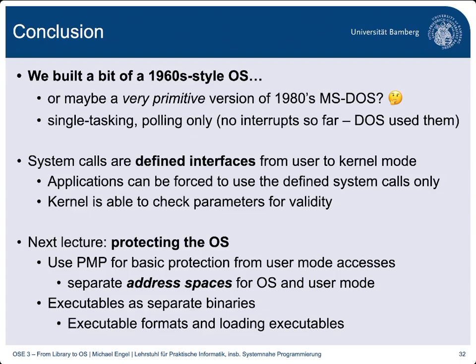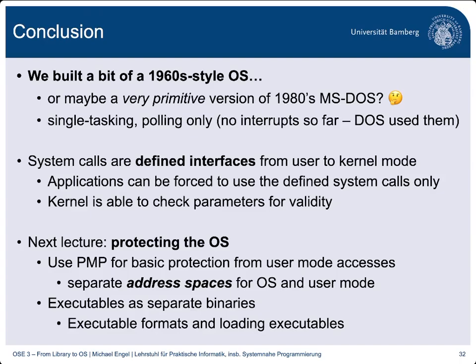We've seen that system calls are defined interfaces from user to kernel mode, and we can force user mode instructions, if they want to use kernel functions, to use these defined calls only, because they have no other way to execute kernel functionality. In turn the kernel is able to check all parameters for validity, check for permissions if we're allowed to format our hard disk and so on.